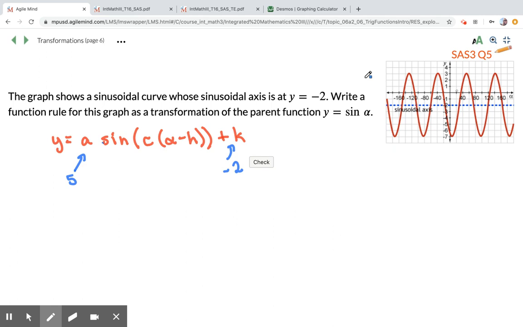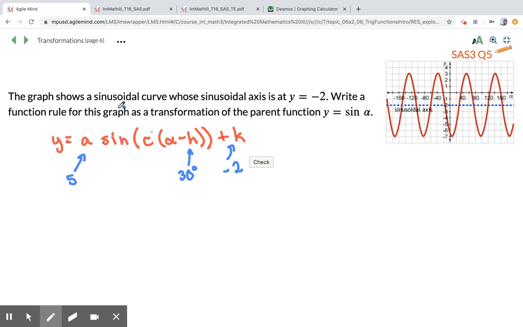It's counting by 20s, so 20, not quite to 40. So about 30 degrees. It looks like if I shifted right 30 degrees, doesn't it? So if I shifted right 30 degrees, then my h value is 30 degrees, and my phase shift is 30 degrees.